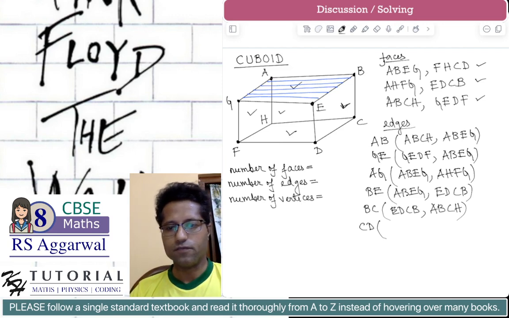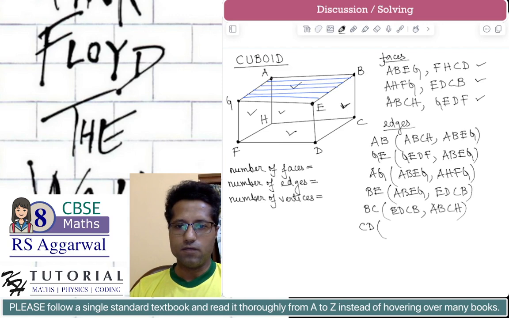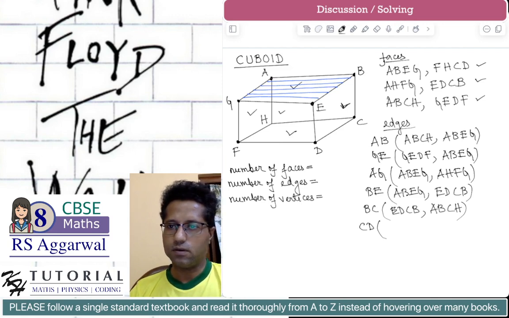What are the two common faces of the edge CD? One will be, of course, HCDF. We have named it FH. FHCD is one face, and the other face will be EDCB.